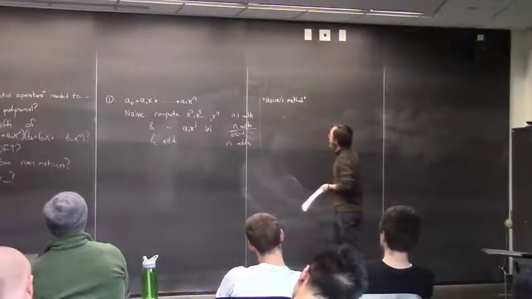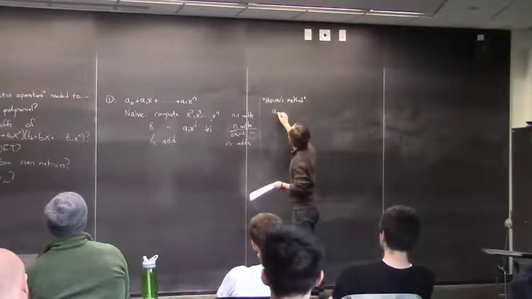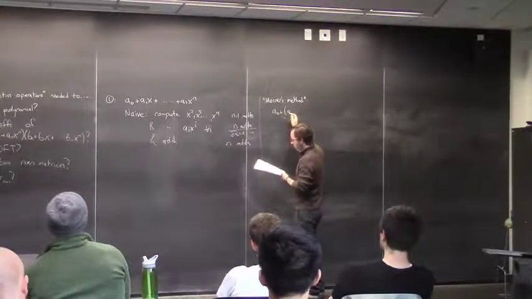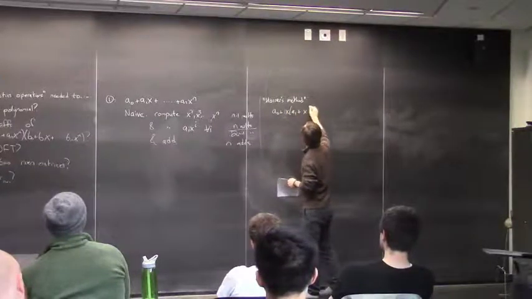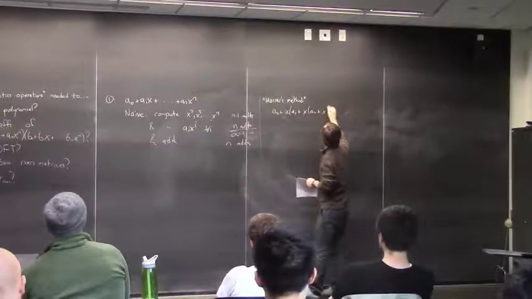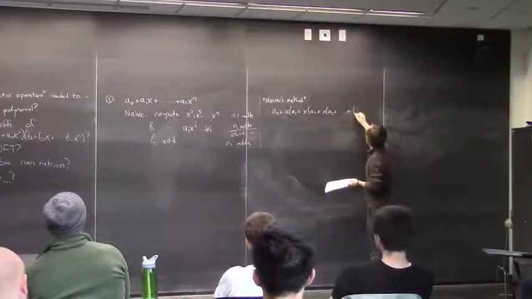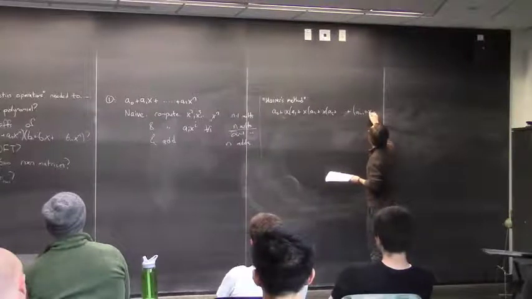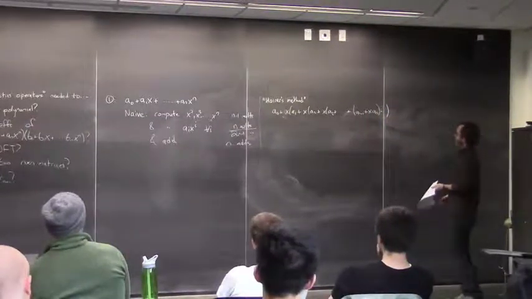And it's just this trick. You can instead compute it like this: a_0 plus, oops, I need an x in there, x times (a_1 plus x times (a_2 plus x times (a_3 plus ... a_{n-1} plus x times a_n))).